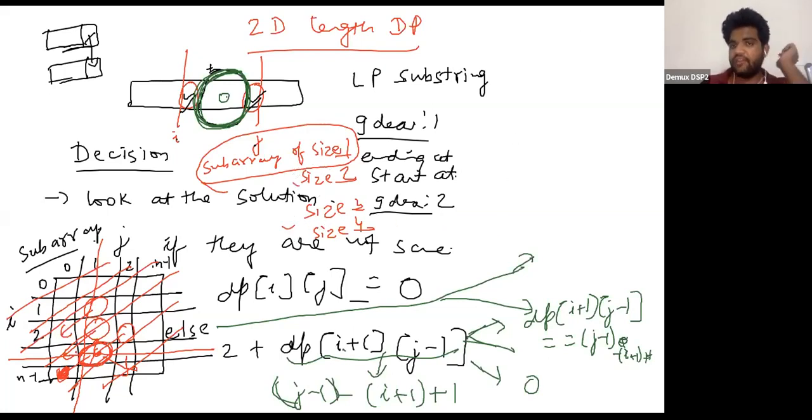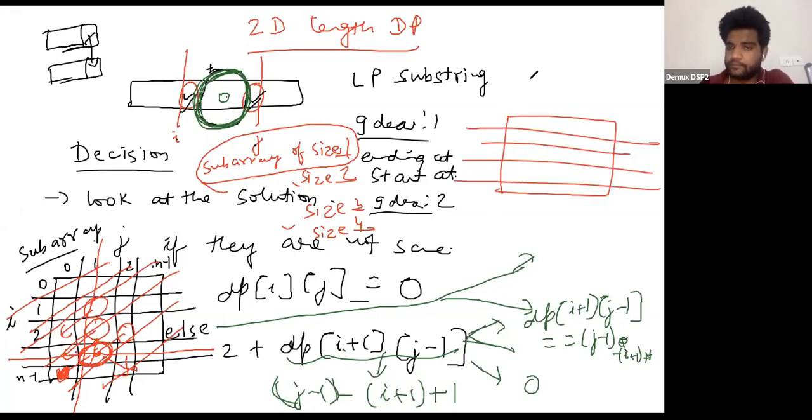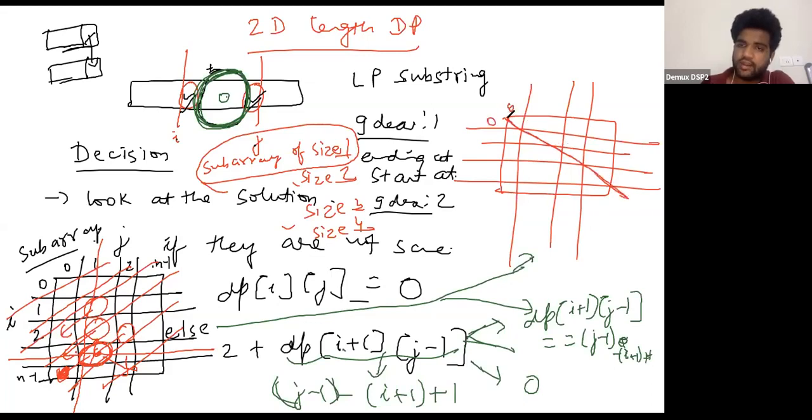Visually, how are you filling it? Visually, you are filling it diagonally. You are filling this first. This is 0, 0, right? This is 1, 1. So these are all subarrays of length 1. So visually, you will fill this row first.